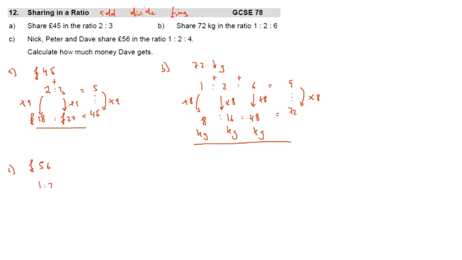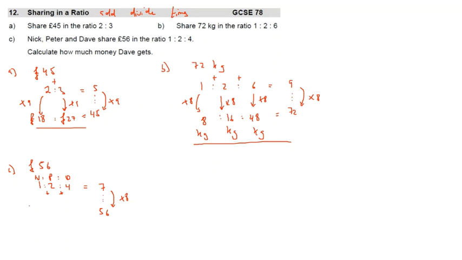And the last one now, this one is 56 pounds, 1 to 2 to 4. Now I've got names for the ratio parts here. This is Nick's share. This is Peter's share. This is Dave's share. So add them up. 1 add 2 add 4 is 7. How many 7s are in 56? Wow. 8.